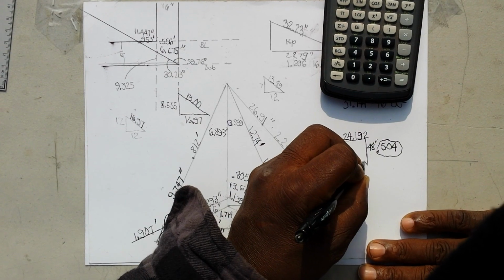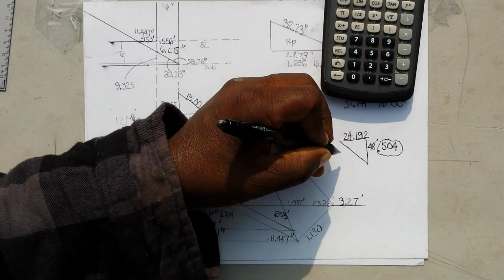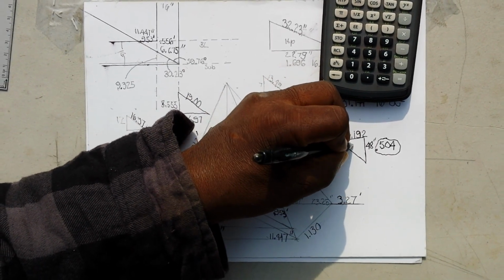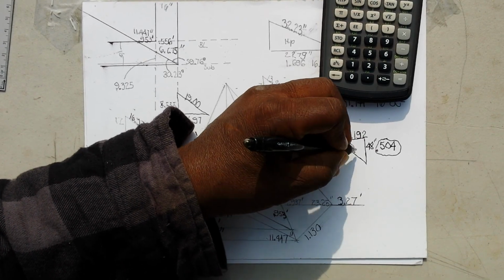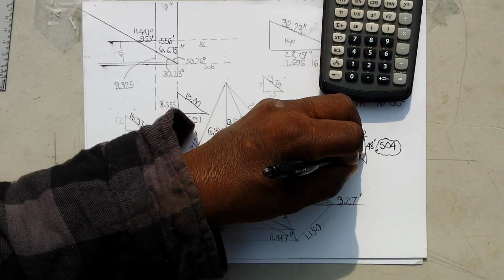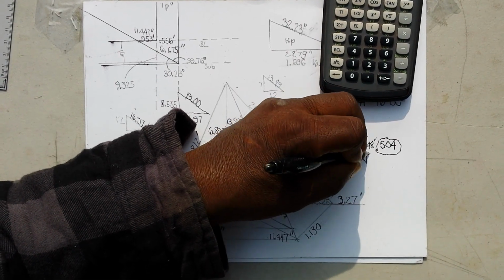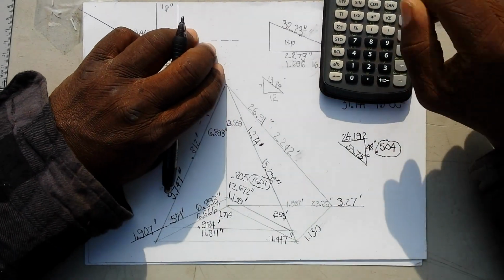So we know that the hypotenuse is 53.75 inches. Okay, and that basically right there is your cuts for your sheet.